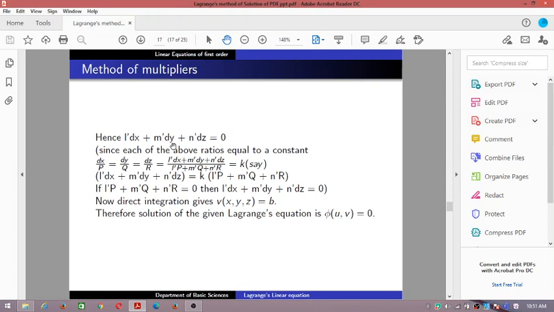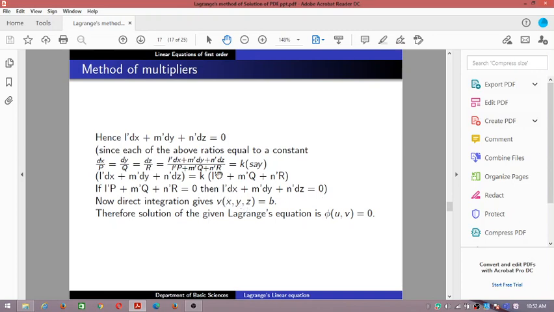Now L dash dx plus M dash dy plus N dash dz is equal to 0, since this ratio is equal to a constant. As we have assumed that L dash p plus M dash q plus N dash r is equal to 0, this term reduces to 0. Therefore, the numerator L dash dx plus M dash dy plus N dash dz is also equal to 0.